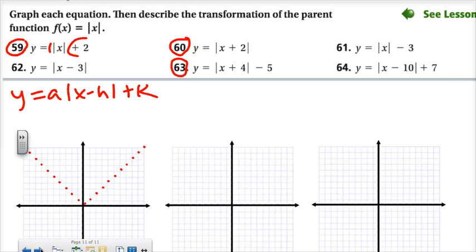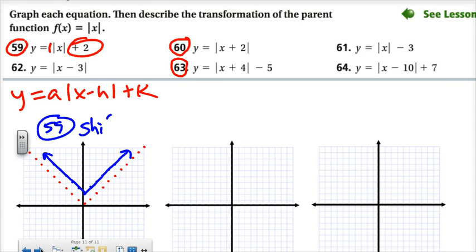However, this has a k value, so that means I need to take those points and I need to move them 2 up. And then connect that up into a V-shape. So that's number 59. Graph the equation, describe the transformation, shift up 2 because of a k value.